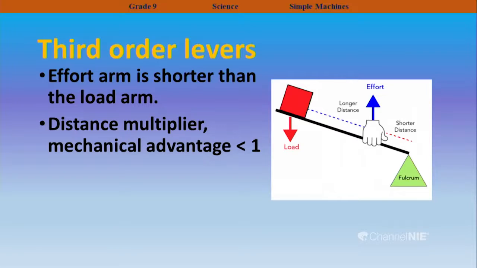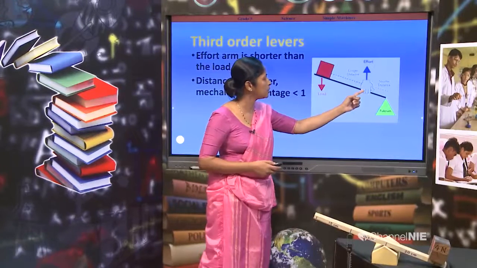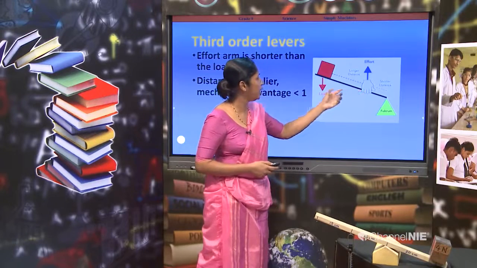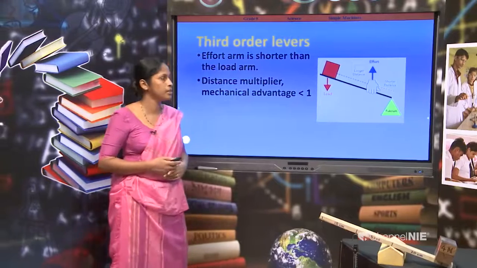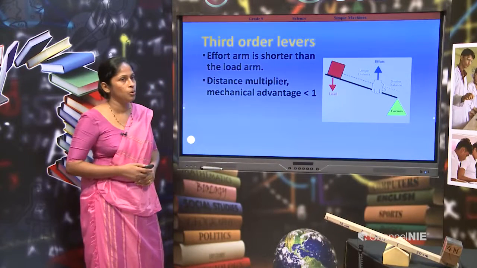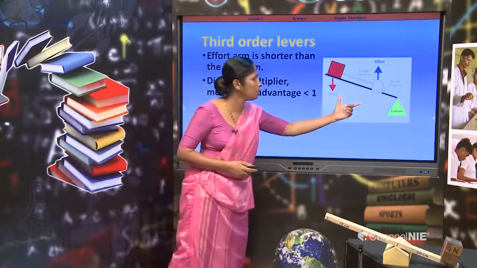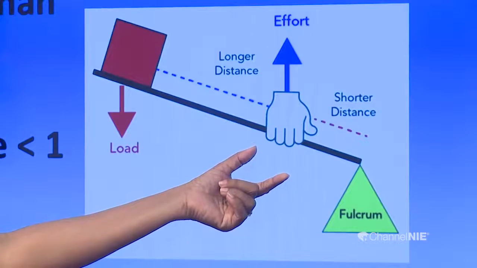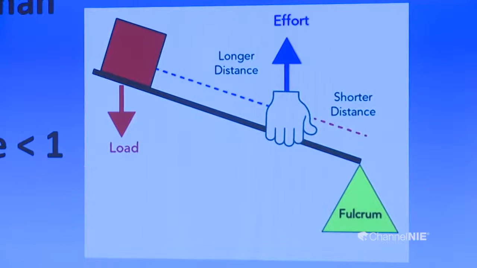That means, in third order levers, the effort is greater than the load. According to the activity we did earlier also, we proved that when the load arm is greater than the effort arm, the effort is greater than the load.